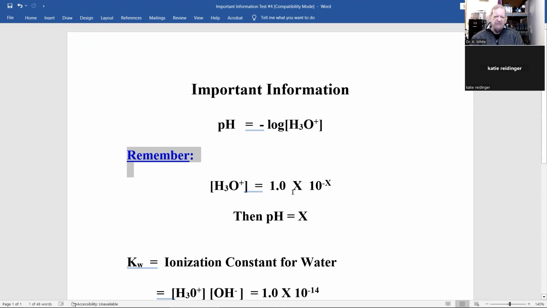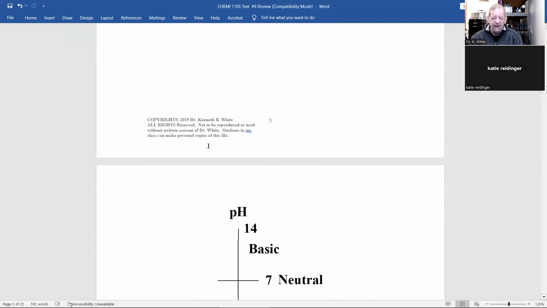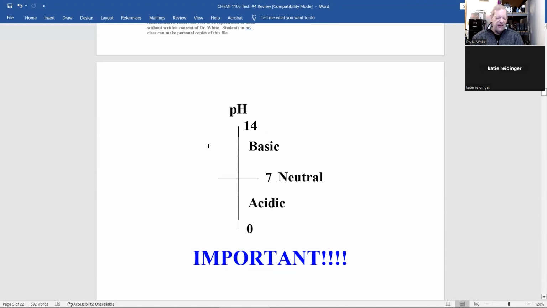Now, how does this pH help us with whether it's acidic, basic, or neutral? Good question. Thank you. Well, there's the pH scale.